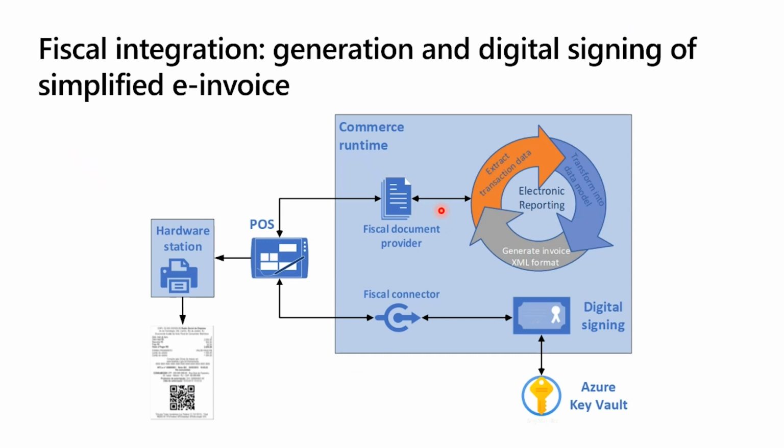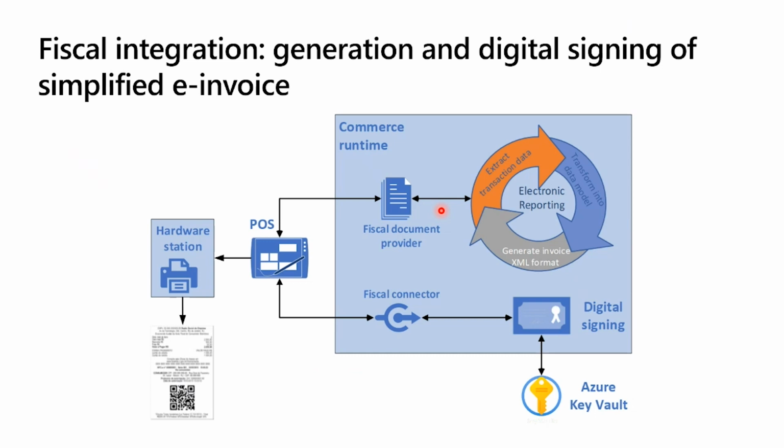That generates the QR code, that applies the digital certificate to digitally sign the electronic invoice data. And it's also important that the digital certificate that is used for digital signing is stored in an Azure Key Vault storage.